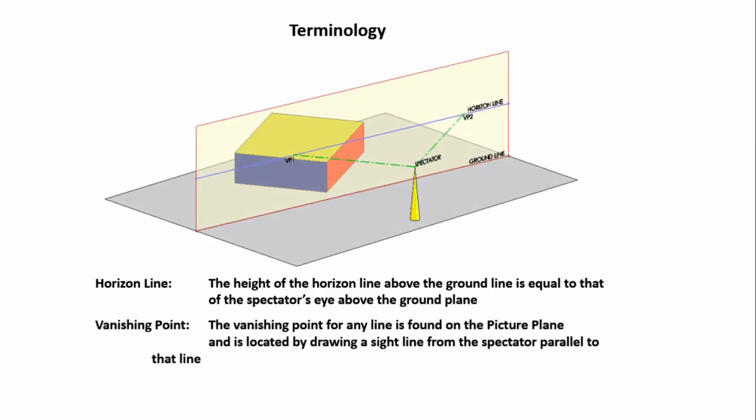Then the vanishing point. The vanishing point for any line is found on the picture plane and is located by drawing a sight line from the spectator parallel to that particular line.